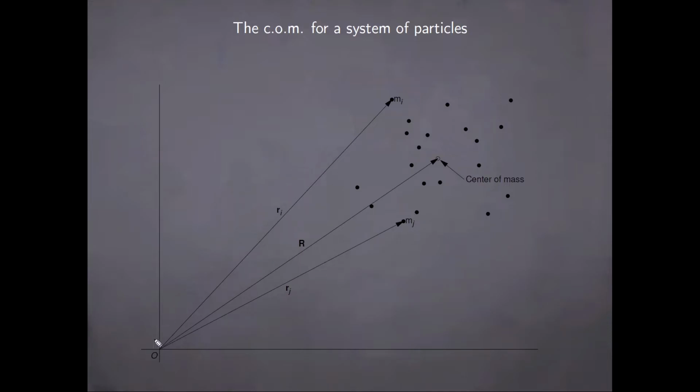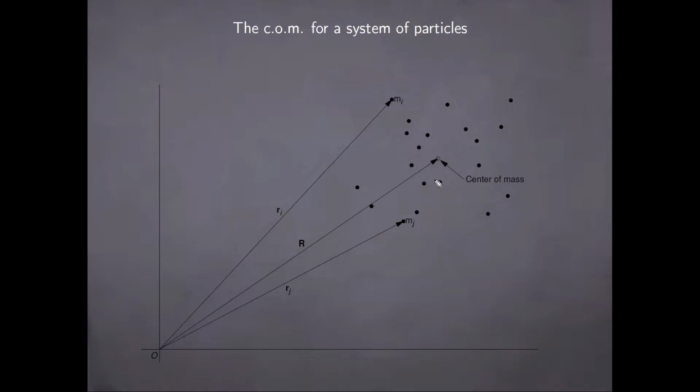As an illustration, assuming that we have a system of coordinates with an origin O over here, and the particles within our system are represented by the dark circles, we can highlight, for example, the particle of mass m_i by the radius vector r_i, or the particle of mass m_j and radius vector r_j.